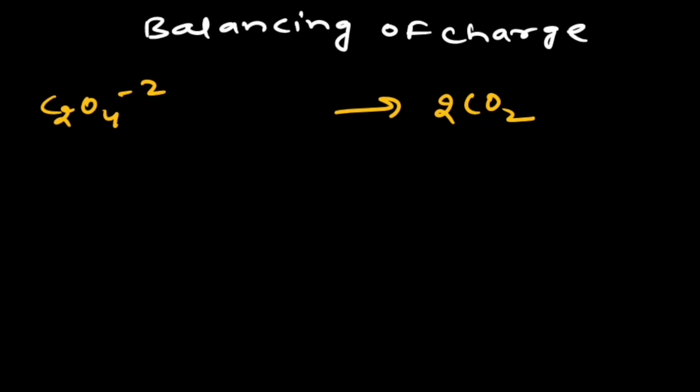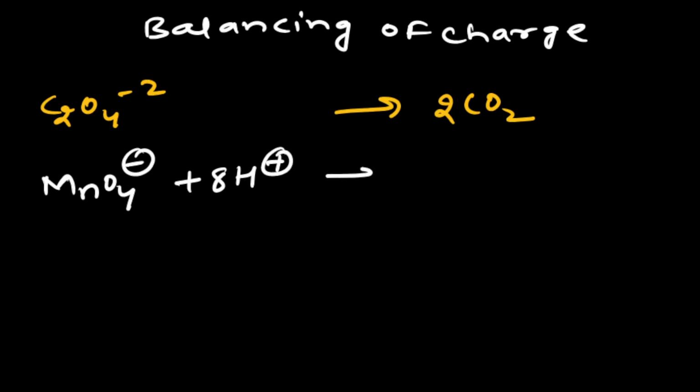Next reaction: MnO4-, by taking 8H+, gives rise to Mn2+ plus 4H2O. This is the reaction we have balanced up to now.